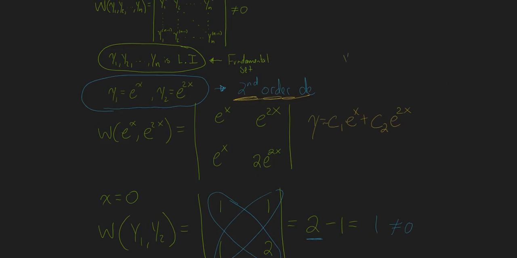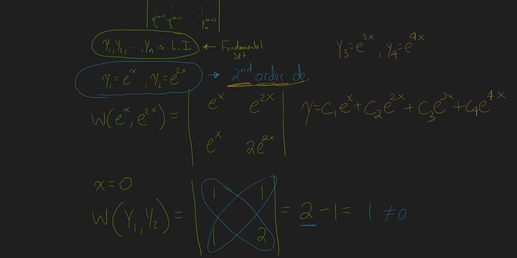For example, if we had y3 is equal to e to the 3x and y4 is equal to e to the 4x, and we showed that all of these were linearly independent, then we would say, okay, well, the general solution now is equal to this, and the fundamental set of solutions, which is the term for all of these, would be y1, y2, y3, and y4 for that given differential equation.